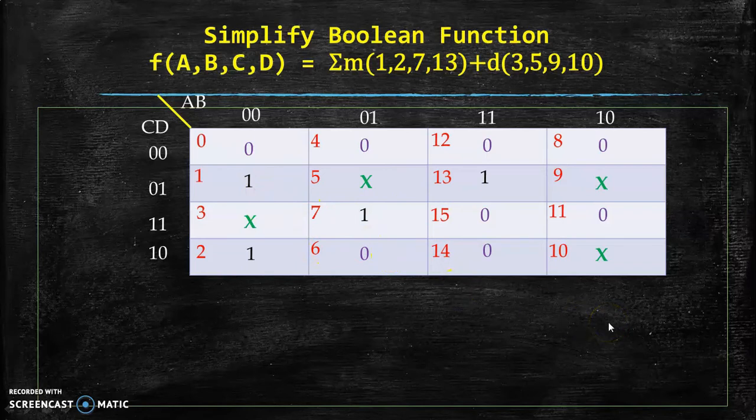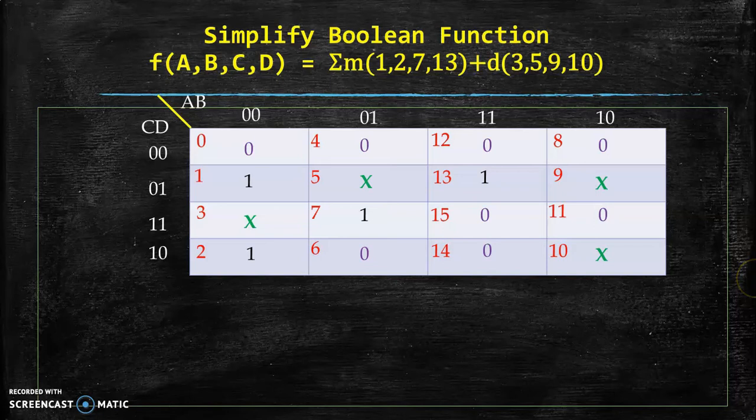But now we can use the don't care conditions as per our convenience. Some of the crosses can be considered as a 1. As per our convenience, to prepare a group, we can consider a cross as a 1. It is not necessary that we use all the given don't care conditions. We can use as many don't care conditions as per our requirement.